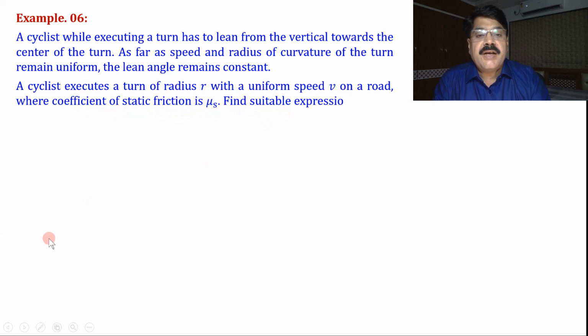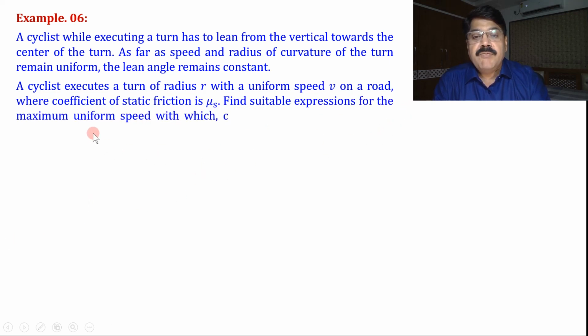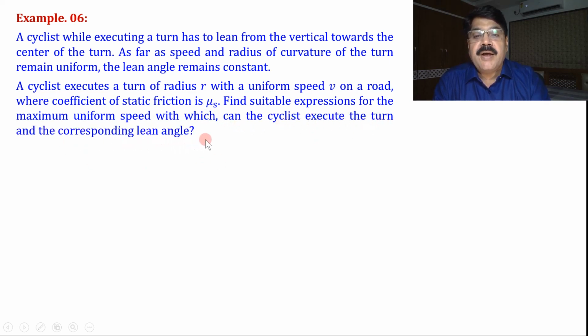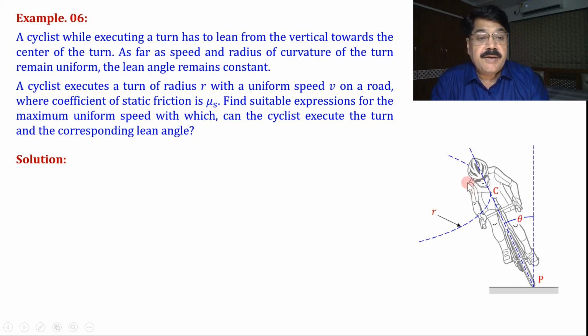Find a suitable expression for the maximum uniform speed with which the cyclist can execute the turn and the corresponding lean angle. So on a turn, what can be the maximum safe speed of the cycle and what will be its lean angle.